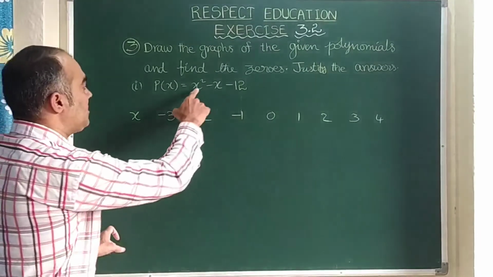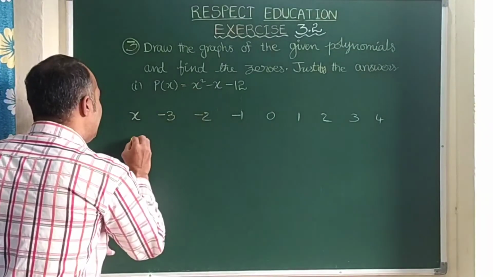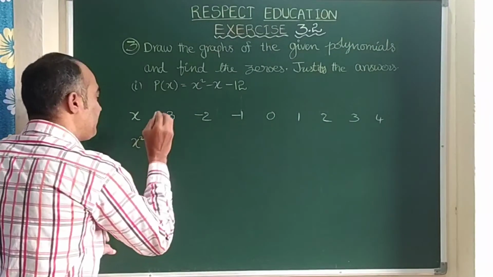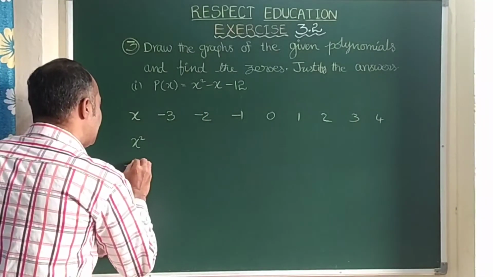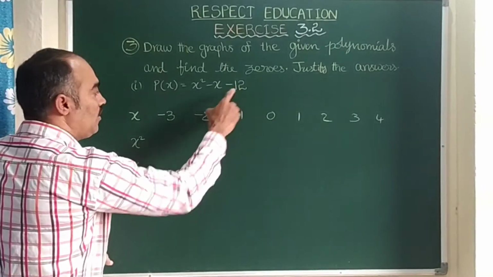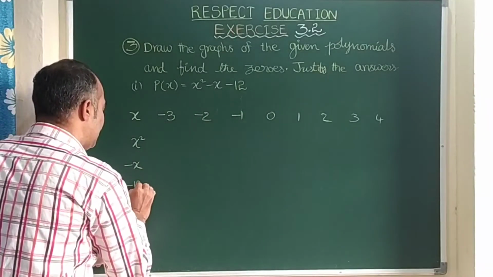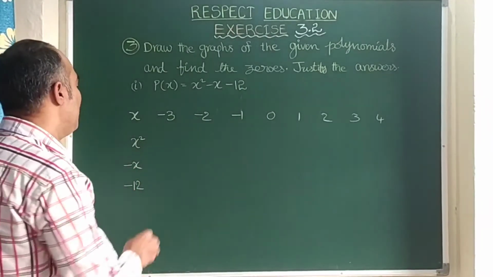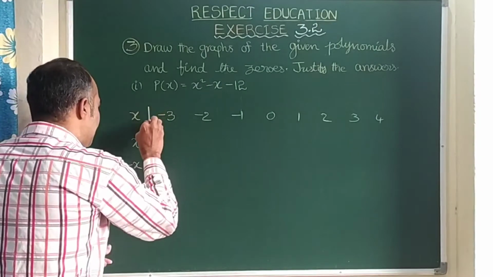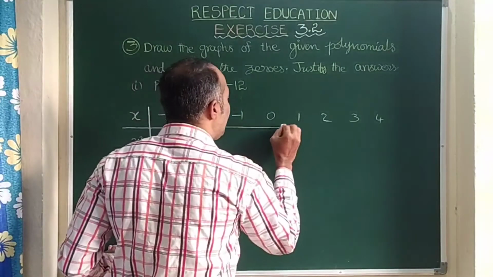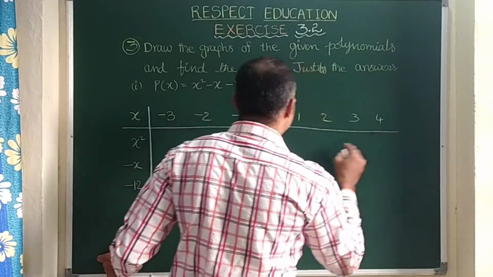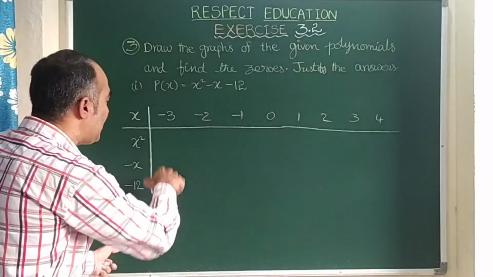Now here first you see x square is there. Here I am taking x square. Next, the second term is minus x. Constant is minus 12. Just I maintain a gap between the numbers I have taken and what I am going to get now.